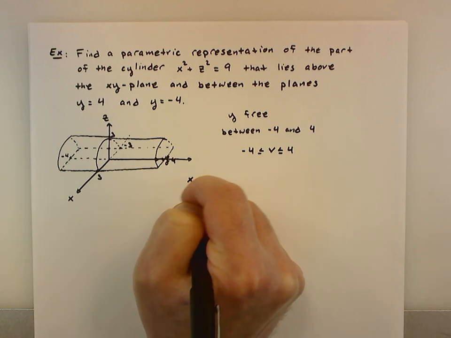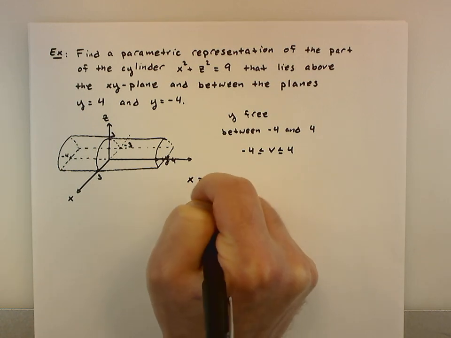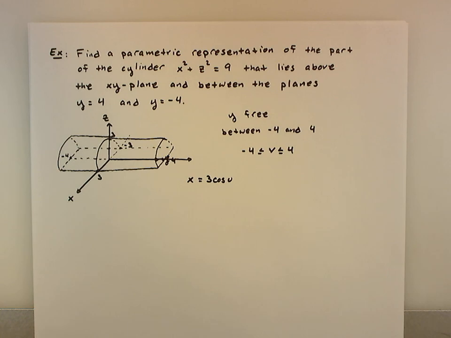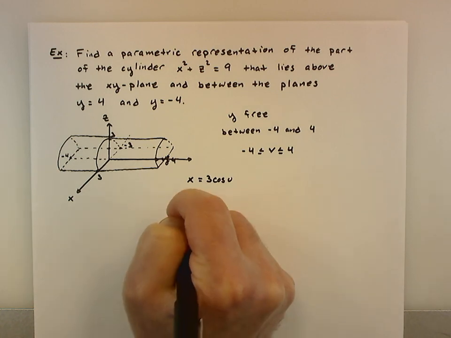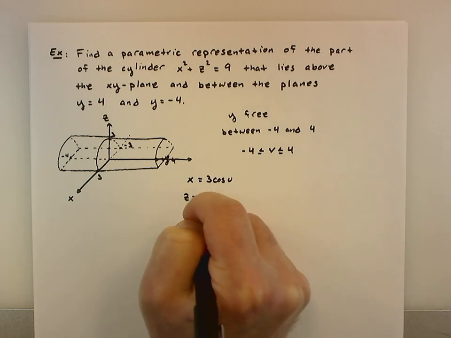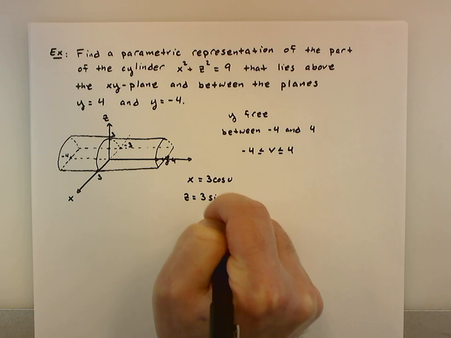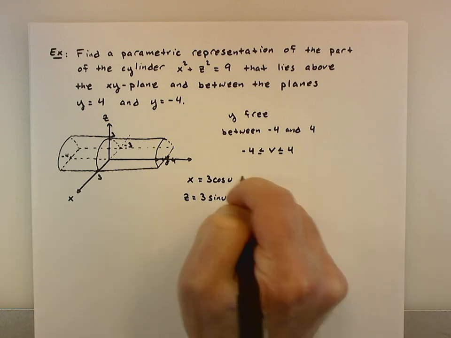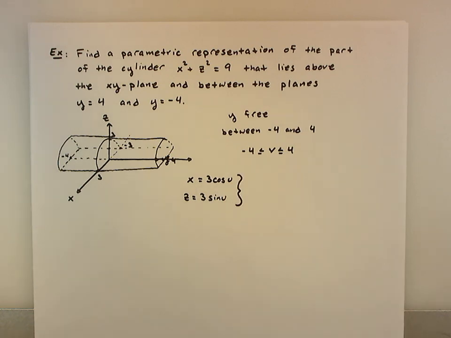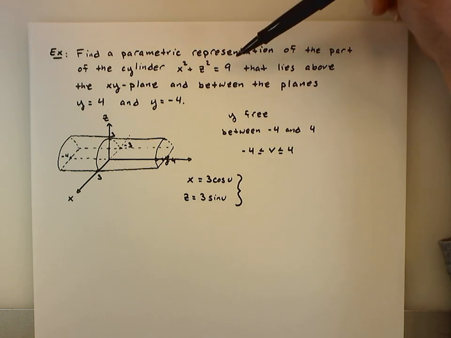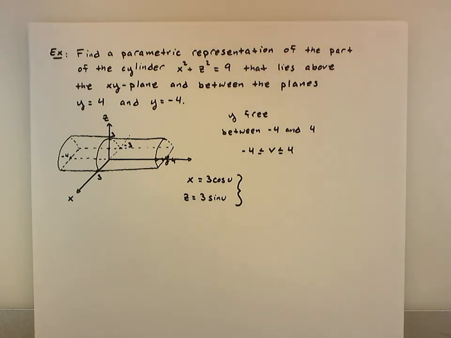If I let x equal 3 cosine u and z equal 3 sine u, then let's confirm that we get 9 in the original equation.